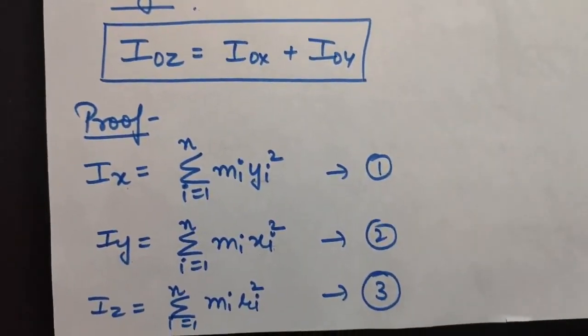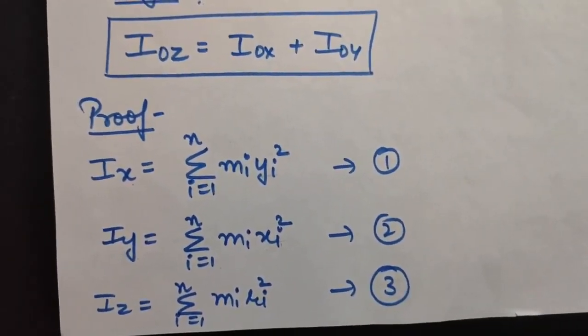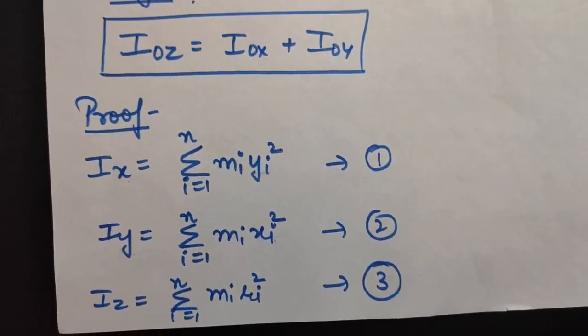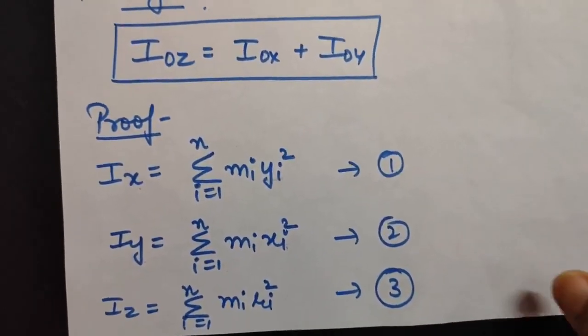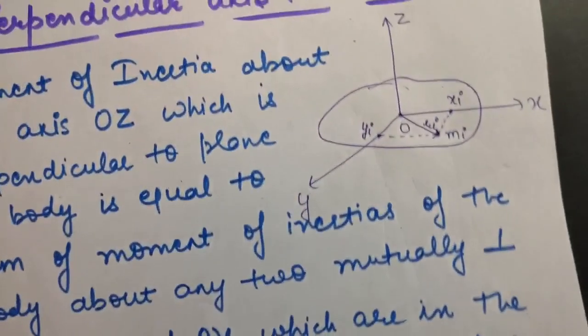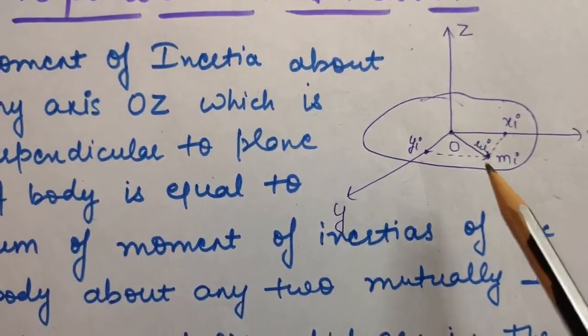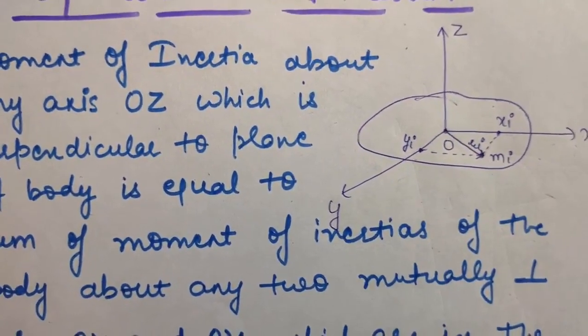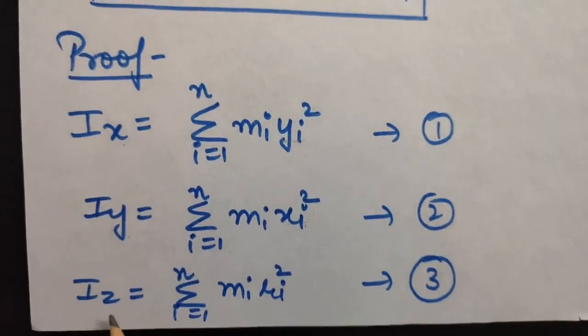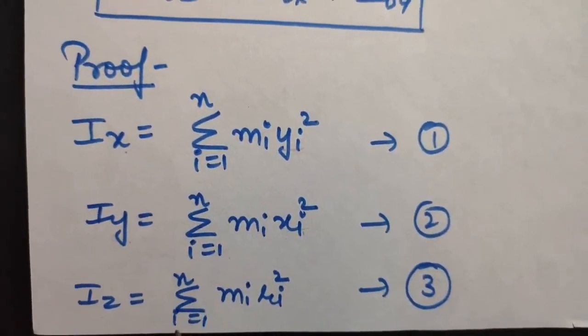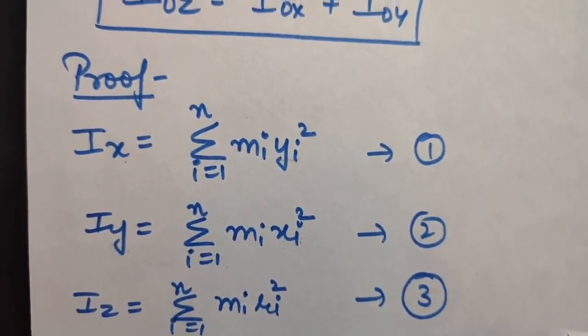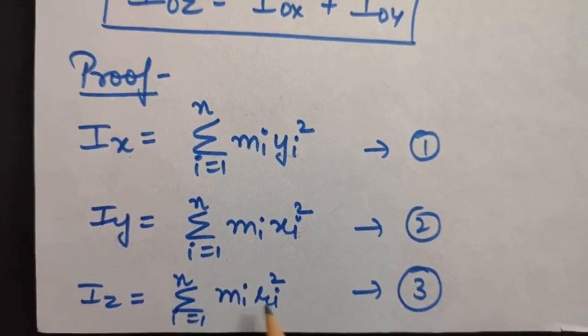Again, because the mass is in the xy plane, if you are at the z-axis, then both the x-axis as well as the y-axis distances are perpendicular distances. So we have to take r_i for the z-axis. So the moment of inertia about the z-axis would be summation i equal to 1 to N of m_i r_i square.